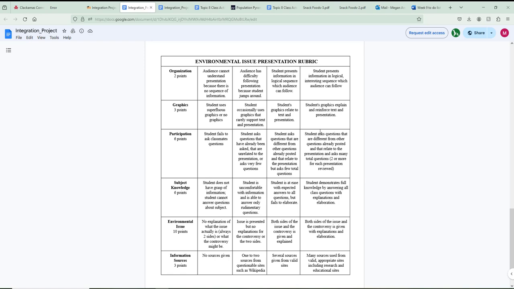So 1 point per presentation, where the student asks questions that are different from other questions already posted and that relate to the presentation, and asks 2 or more for each presentation review. So you're going to need to ask 2 or more questions for a total of 6 presentations.